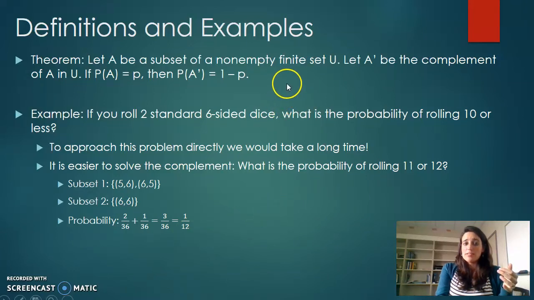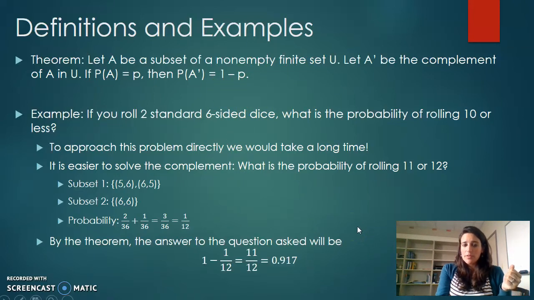The theorem says that the probability of the complement is 1 minus this probability. So the final answer would be 1 minus 1/12, which is 11/12, or 0.917 if you prefer the decimal. The reason this works, if we think about these in terms of percentages, the answer here would show a 91.7% chance that this is true.